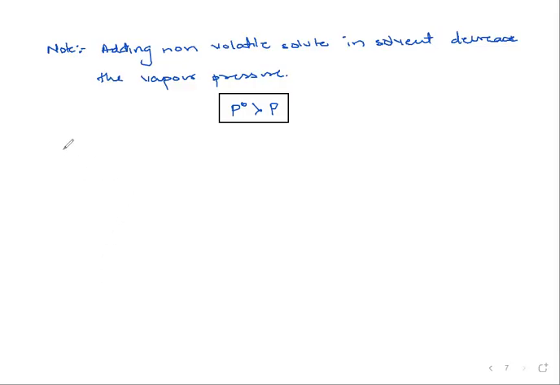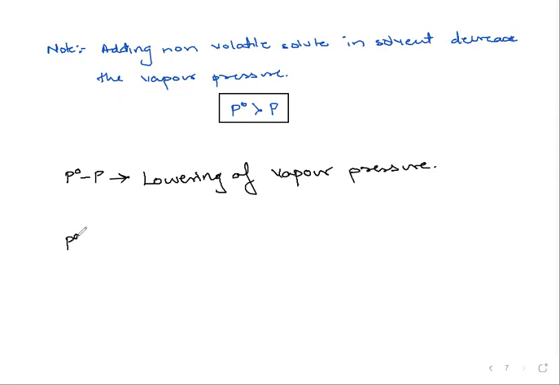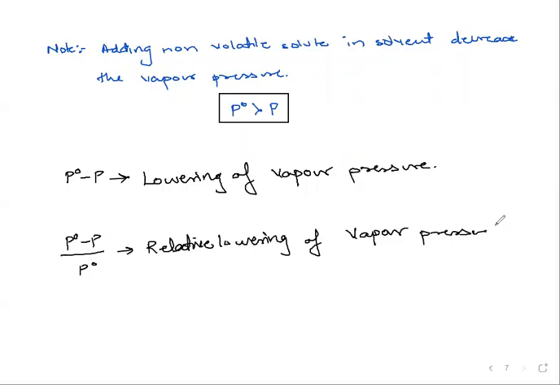So now, P naught minus P is called lowering of vapor pressure, and P naught minus P upon P naught is called relative lowering of vapor pressure. Is everyone clear?